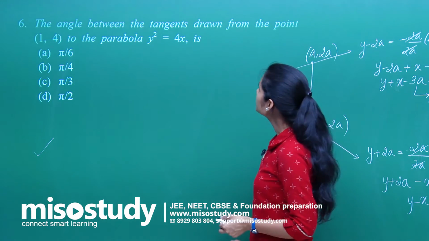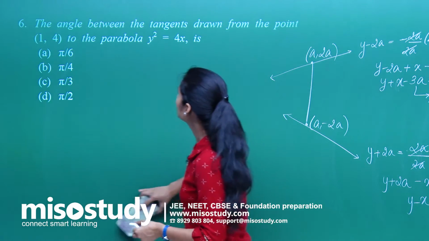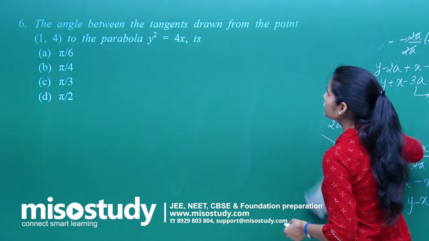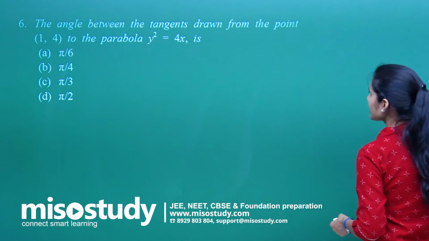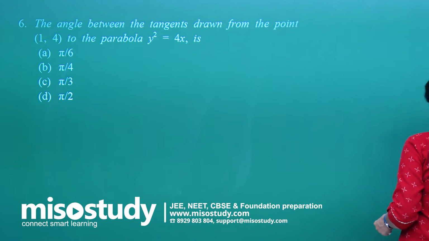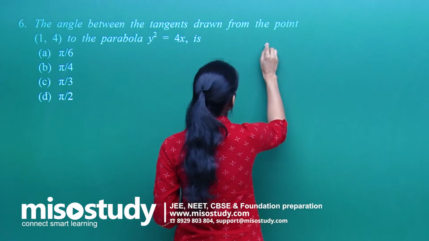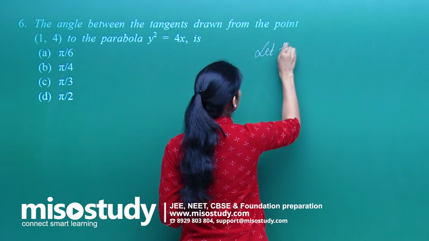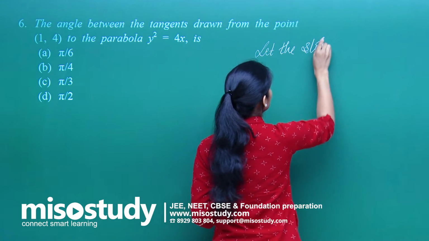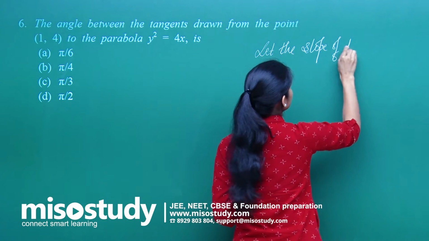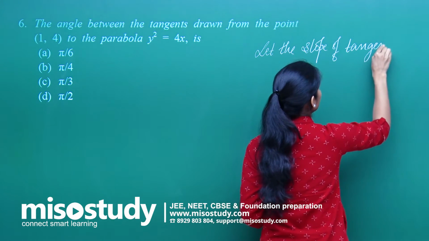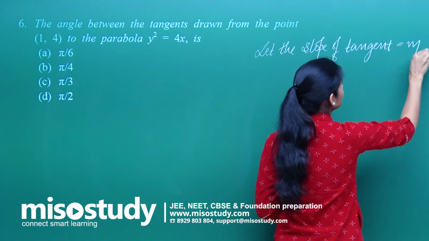Next we have that the angle between the tangents drawn from this point to the parabola y square equals 4x is what? Now see, let the slope of the tangent be equal to m.